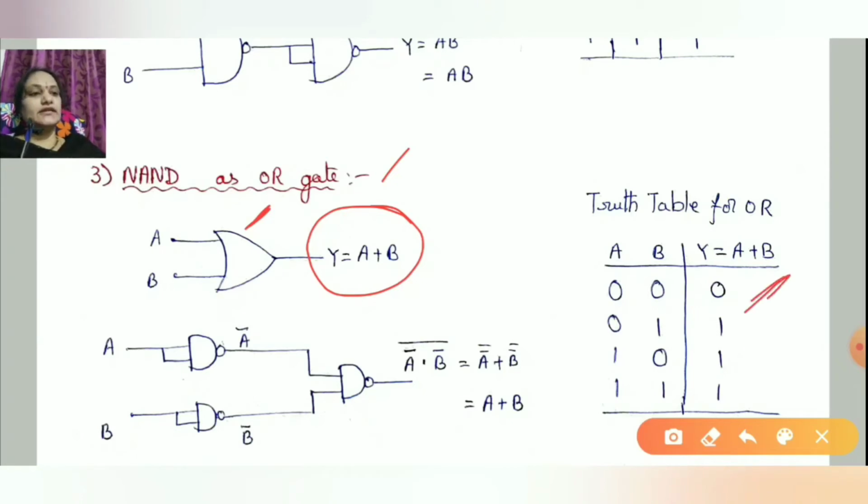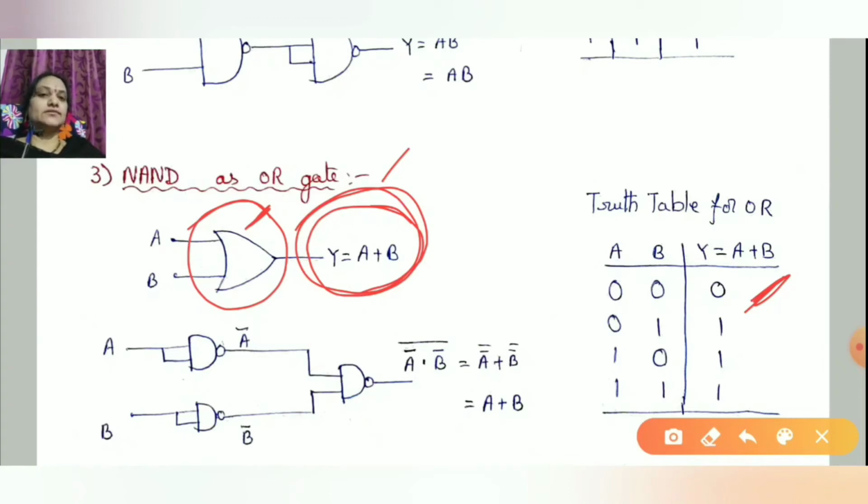This is the truth table for the OR operation. Now we have to bring this expression, A plus B, without using the OR gate, but we can use NAND gates. Now the circuits are like this.